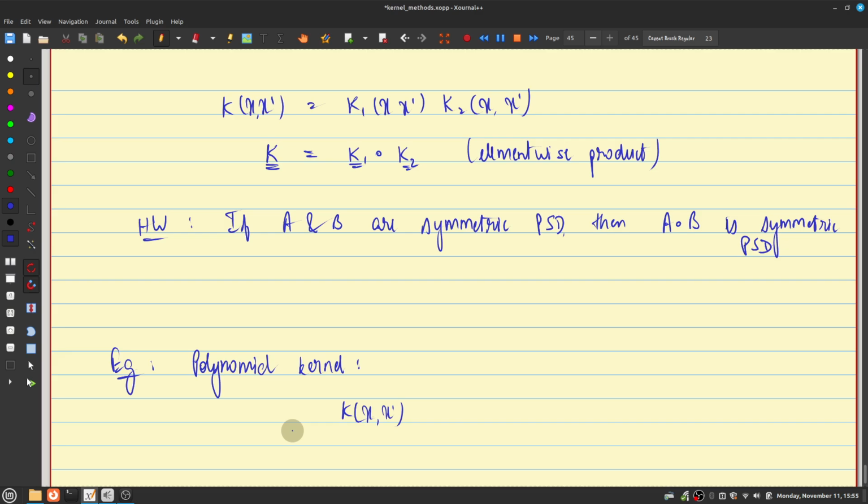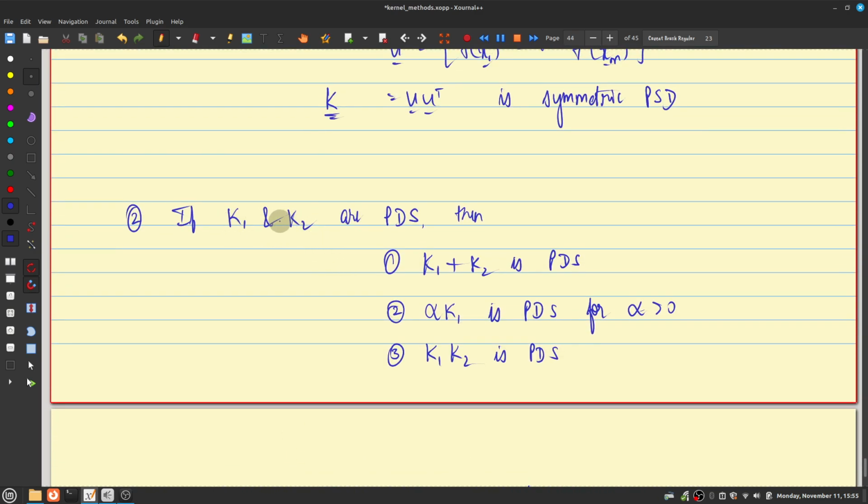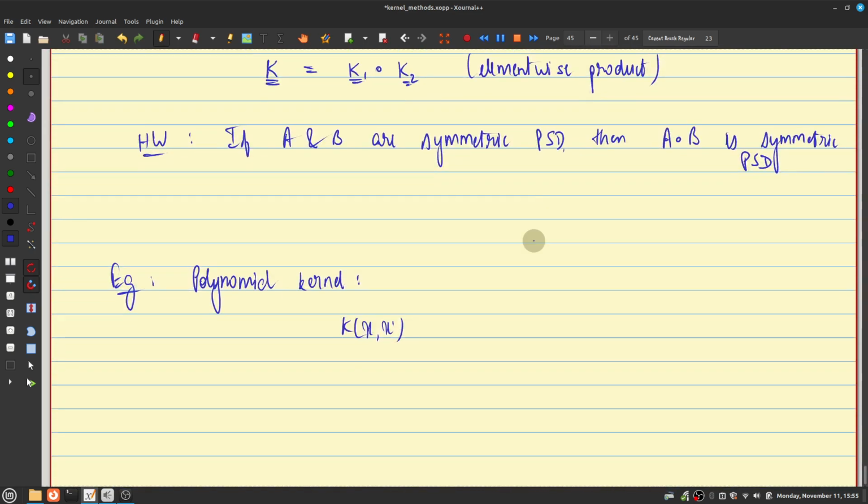No, definitely not. In all of these, for example, K1 and K2 must be PDS for K1 plus K2 to be PDS. It's 1 plus x dot x prime, whole to the power p. Just using the properties that we have seen, how do we prove that this is PDS? Binomial expansion is one way, but is there any other way without using the binomial expansion?